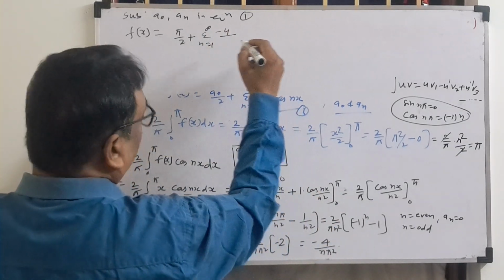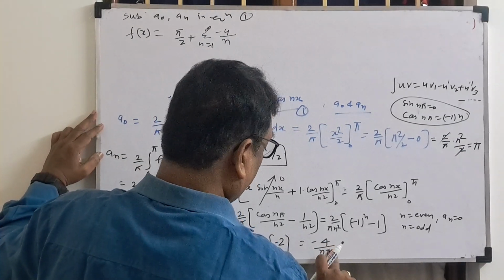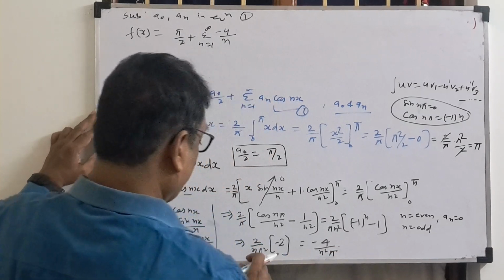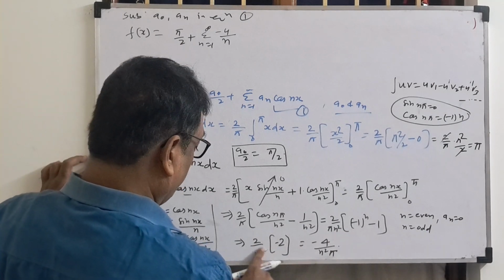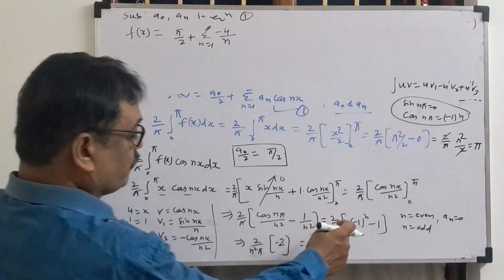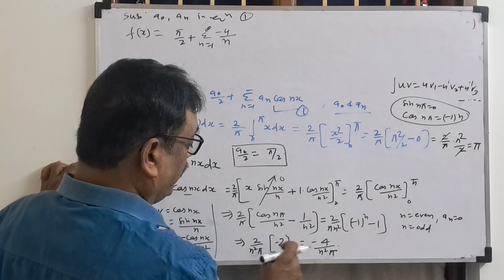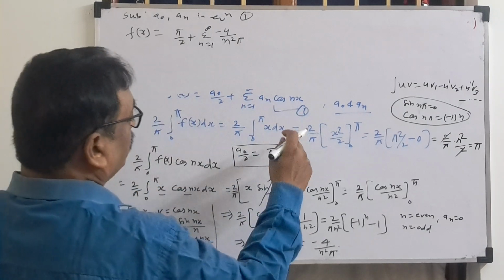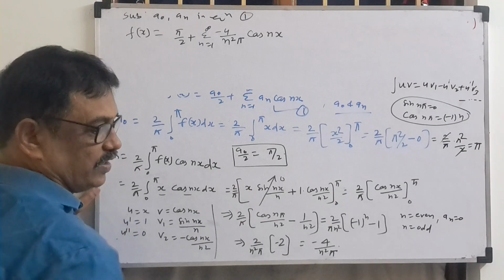Minus 4 by n square pi. How did we write this? Minus 4 from 2 by pi, n square take common, so pi n square, correct. 2 by n square pi minus 2, 4 by n square pi. So minus 4 by n square pi. Then cos nx. This is the Fourier series expansion.